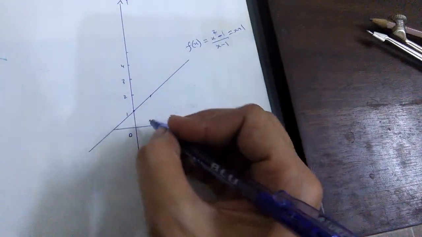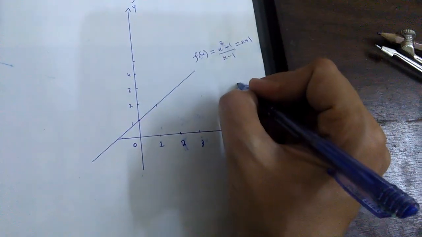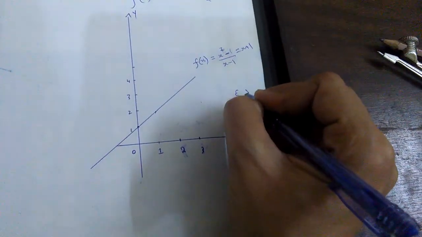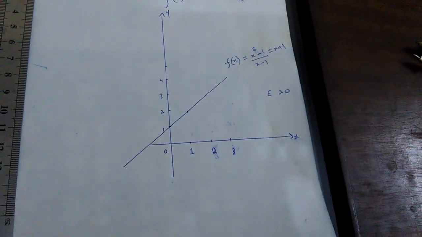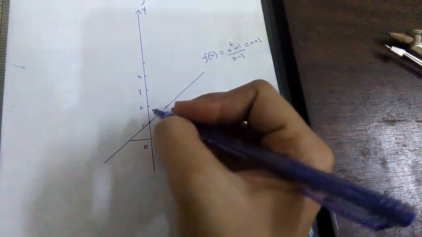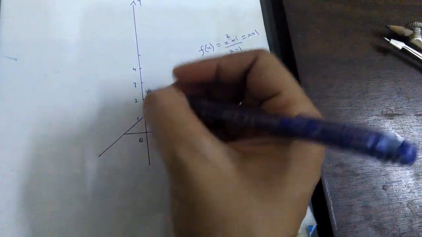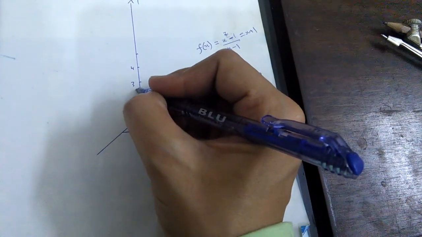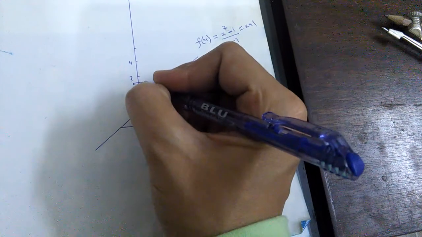So what I do here, for example, I just assign some value, which is a positive value, and it is very small, very close to 0. I just assign my epsilon, and I just try to maintain an interval here from here to here.